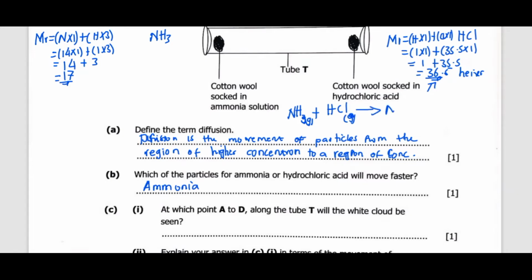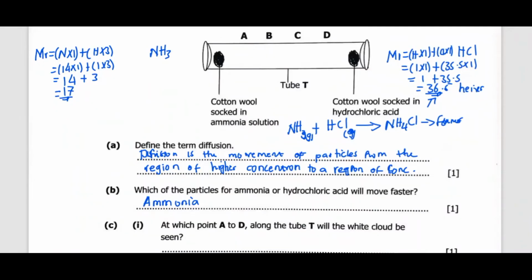Then this will react to give us ammonium chloride. The ammonium chloride is what is giving us the white fumes. So the point is, where will these two react? Is it point A, B, C, or D?